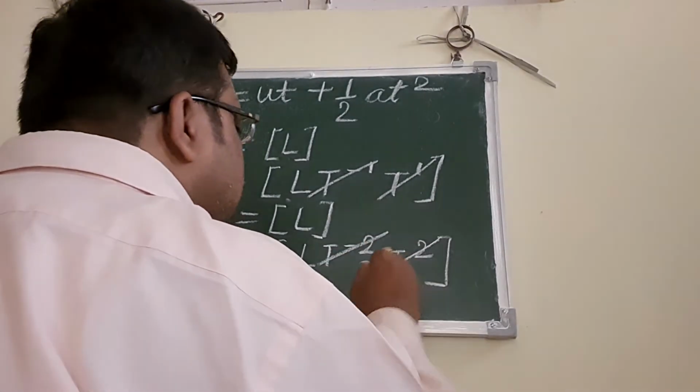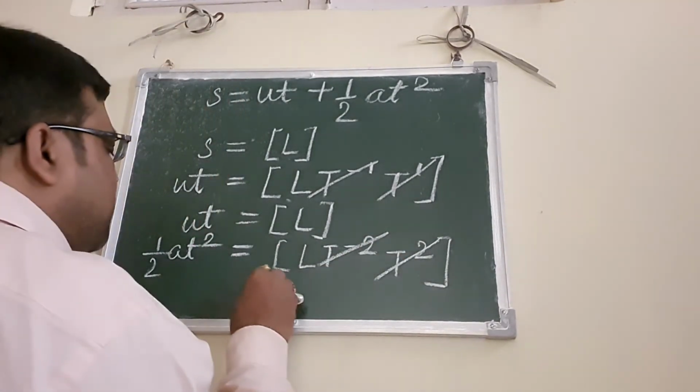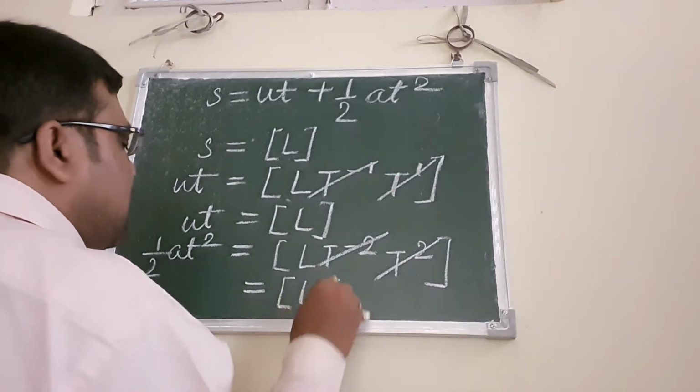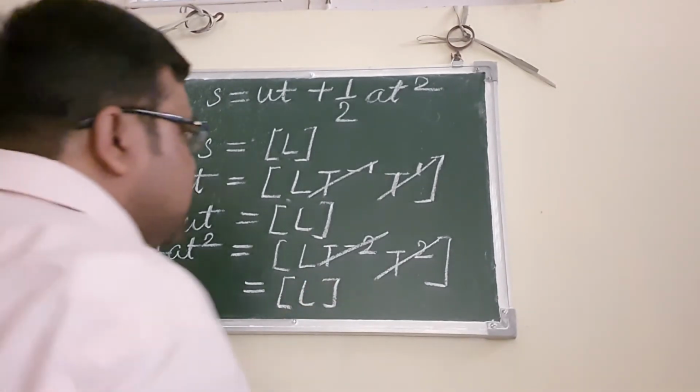Minus T square and plus T square cancel, so it becomes equal to L, so its dimension also becomes L.